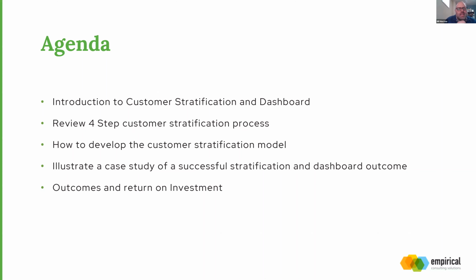Our agenda today is going to be pretty straightforward. We're going to start with an introduction to customer stratification and dashboard, and just a refresher if you haven't seen it in a while or you're interested in learning a little bit more. We're going to jump into the four-step customer stratification process, and then look at how to develop the customer stratification model.